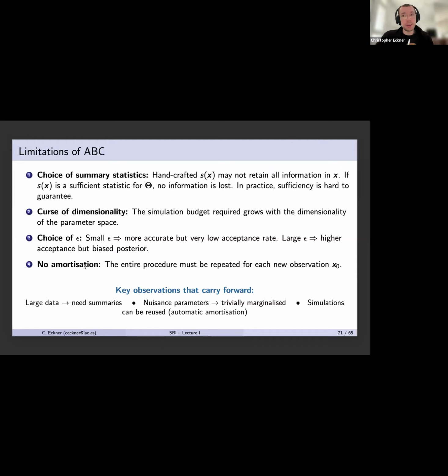There's no amortization. What is amortization? Amortization is a feature that some machine learning algorithms for inference have, and that is that you train it once, and then you can use it for any target observation you want, and you don't have to retrain. This is different here.